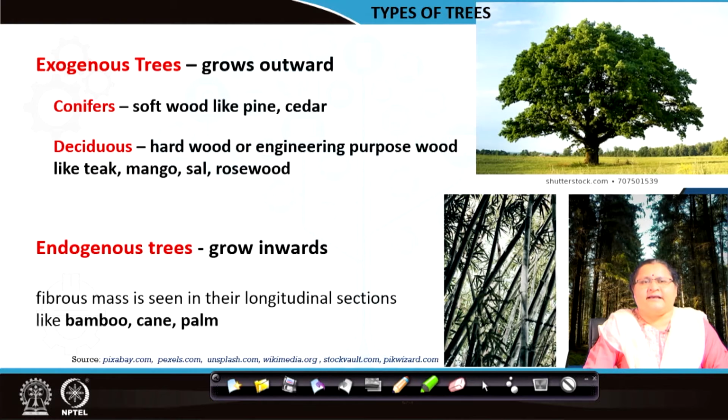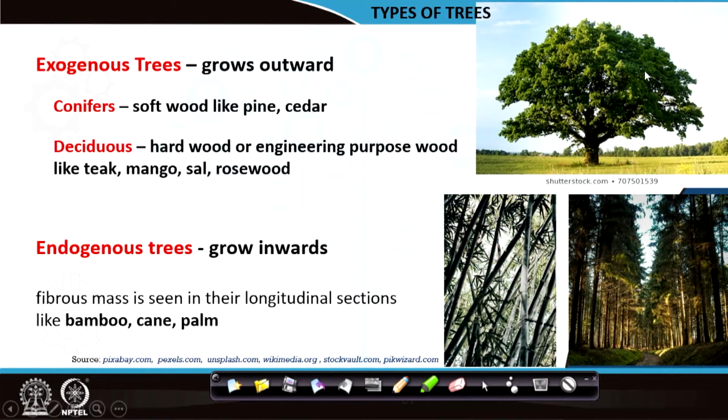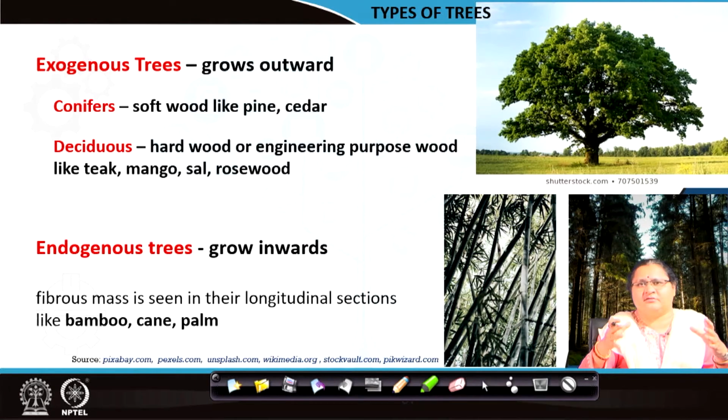You see highlighted in red exogenous trees and endogenous trees. Under exogenous trees we have the conifers and the deciduous. The picture at the top is a deciduous tree, whereas the picture below it is the coniferous tree. You can see the length. The coniferous are long, but not much in diameter, whereas the deciduous tree has a larger trunk size and is shorter in length.